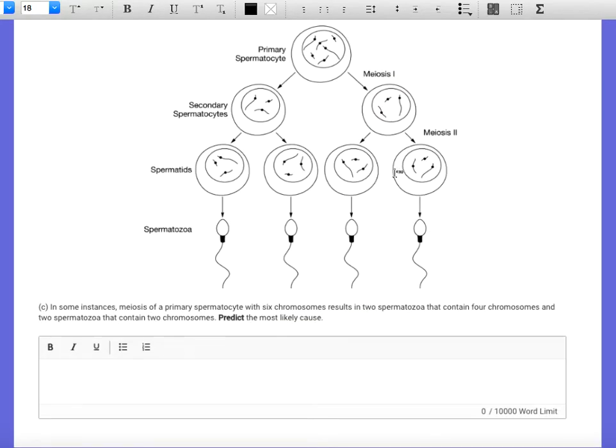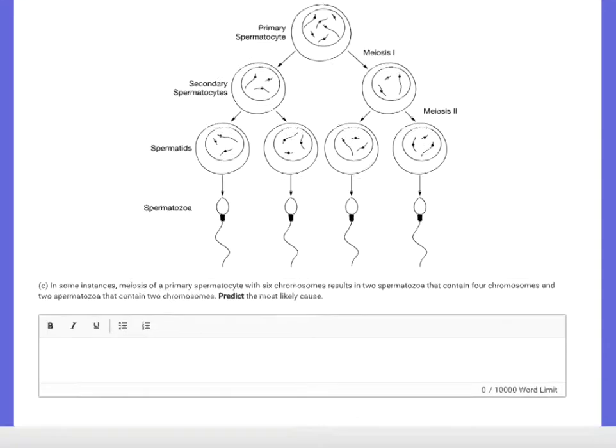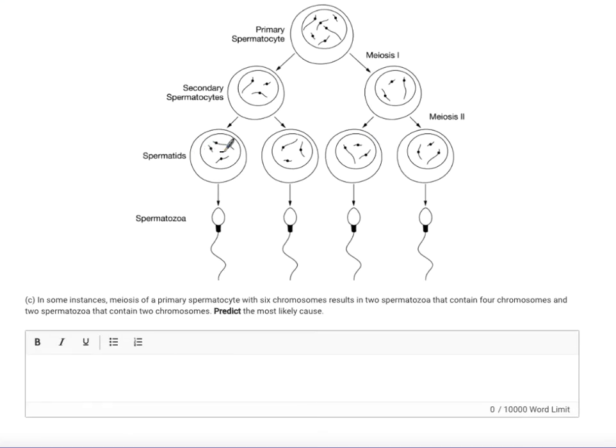Great. Okay. And then C, in some instances, meiosis of a primary spermatocyte with 6 chromosomes results in 2 spermatozoa that contain 4 chromosomes and 2 that contain 2. Predict the most likely cause. Well, if you've got 4 and 4, so if you had something that looked like this, there's 4.